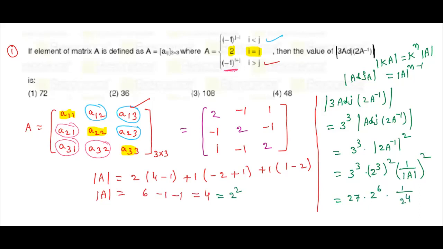Here cancel, 2 power 4, then 4 cancels, 2 square will come. 2 square means how much? 4. 4 into 27, how much? 108. This is the answer. Third option is correct. So 2 formulas are required. Okay, students understood? This is easy, but a lengthy question.